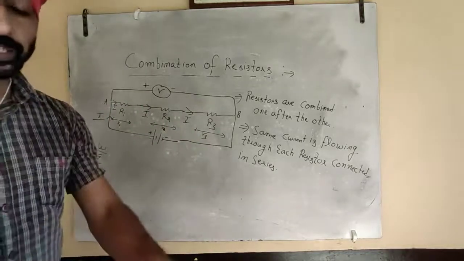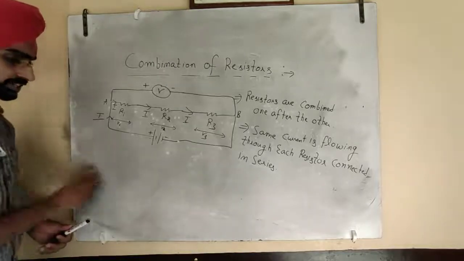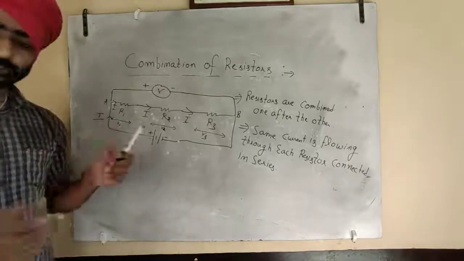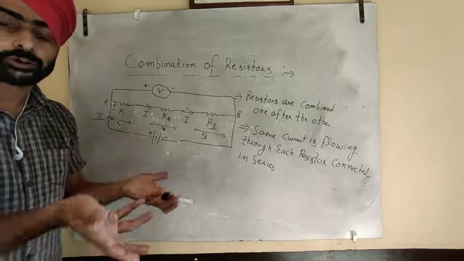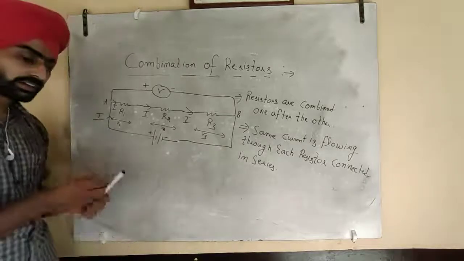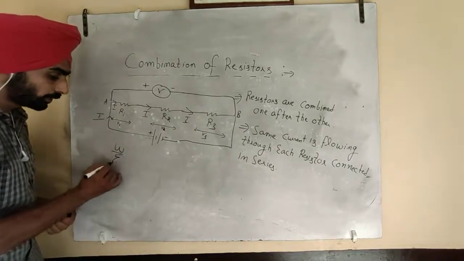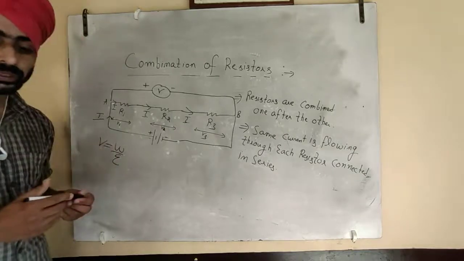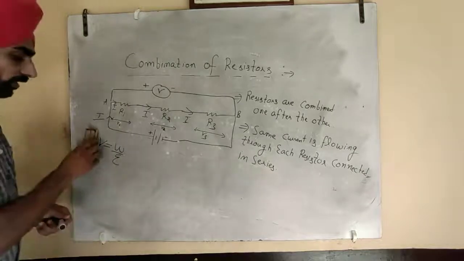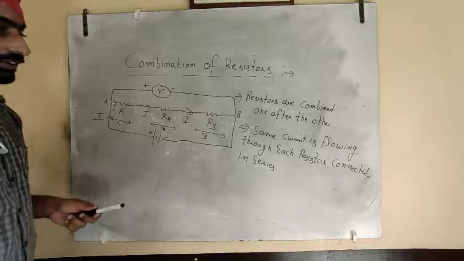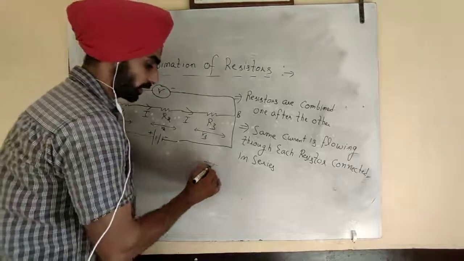So different potential difference will exist across each resistor. Resistance is different, so we have to do different work in order to move the charges, so potential will be different. So different potential will exist across different resistances in series combination.